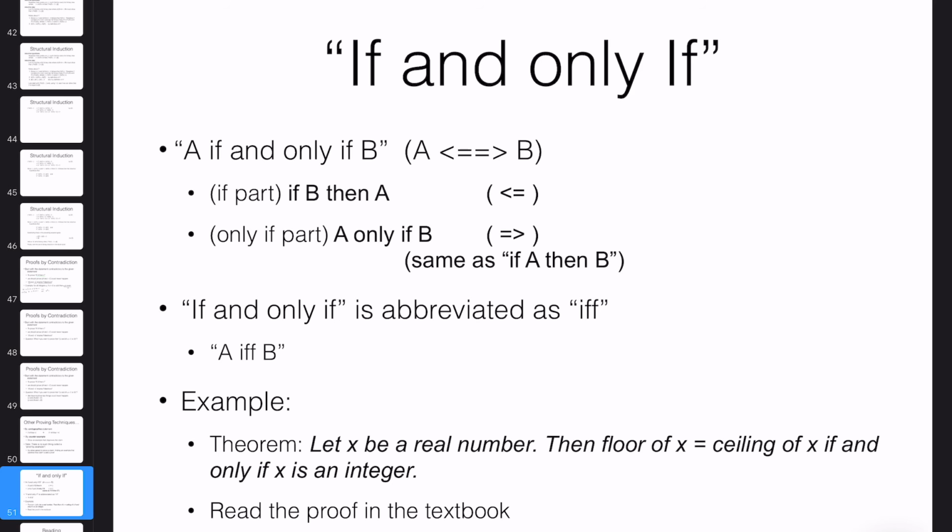But some theorems are in the form of if and only if, which basically means that from A you can reach B, and from B you can reach A. So this form of theorem has two parts. The if and only if sometimes will be abbreviated as IFF.